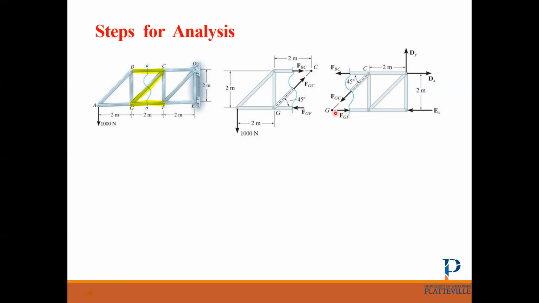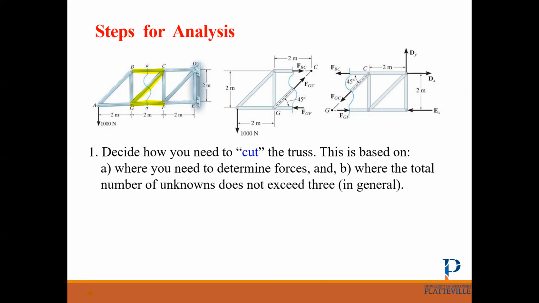But again, it's up to you how you want to analyze or assume the direction. So the first step is just to find a good cut where you need to determine the internal force, like what is highlighted in the picture, and where the total number of unknowns doesn't exceed 3.